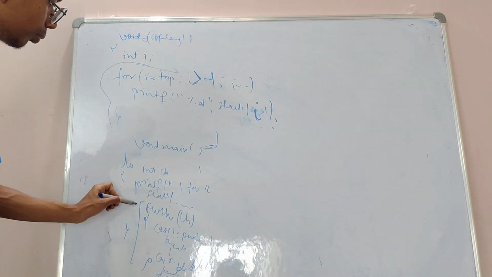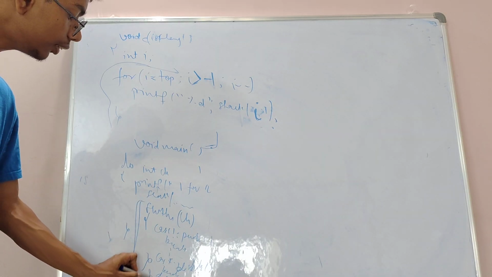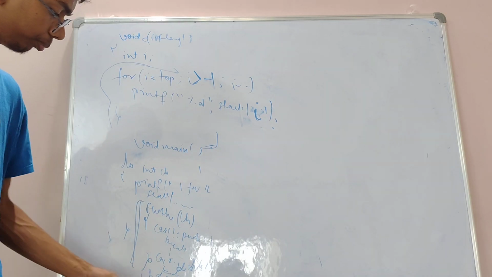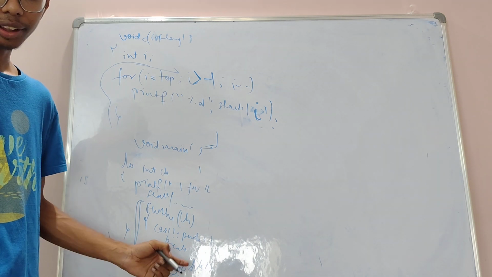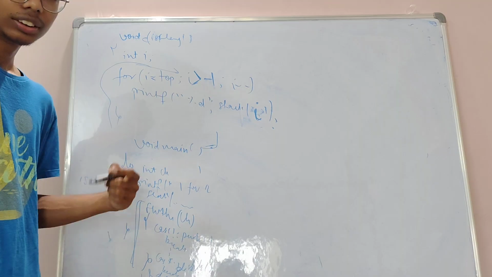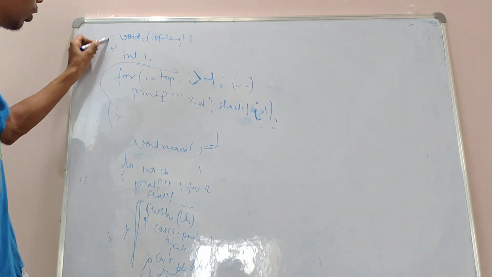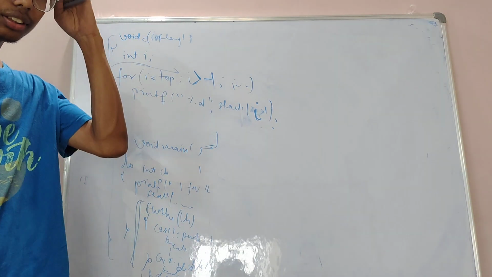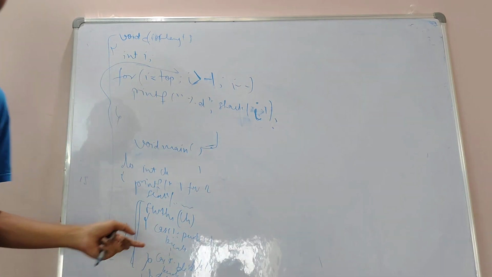And this will loop in the do while until ch is not 0. So if the user enters 0, the program will no longer run.